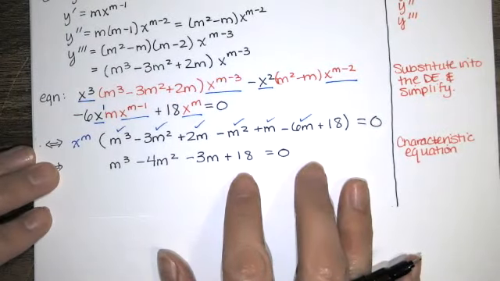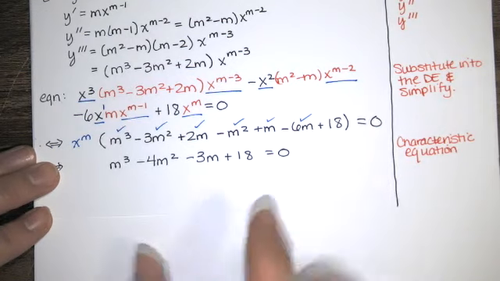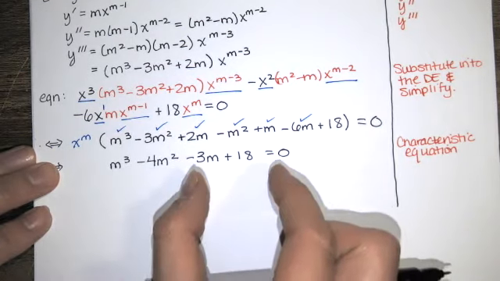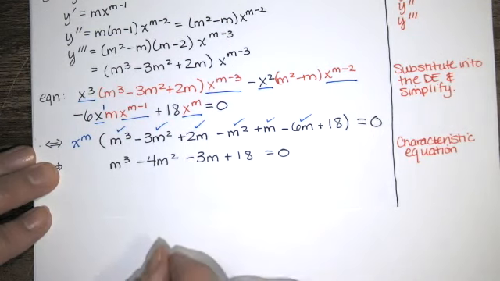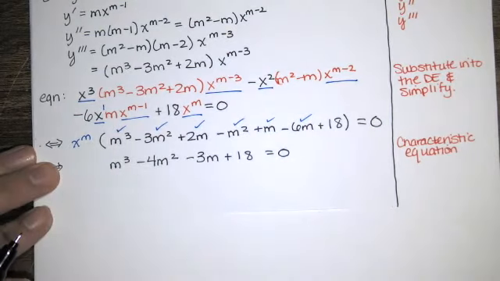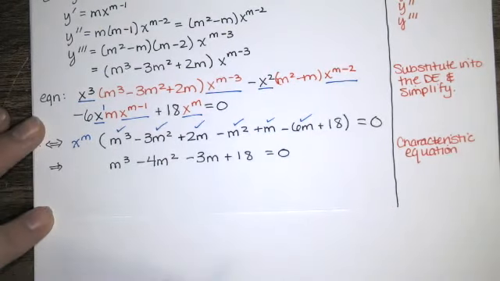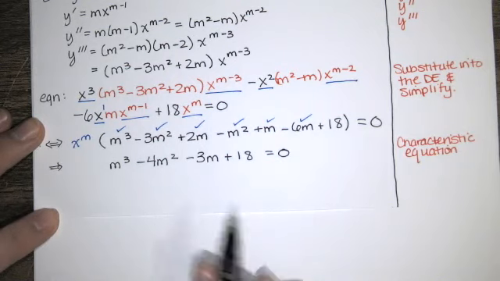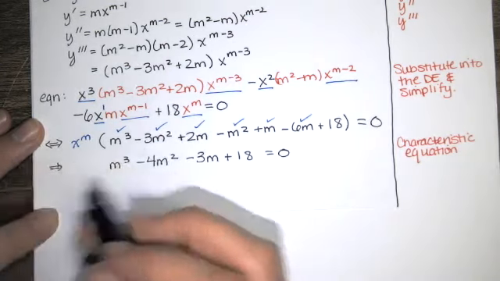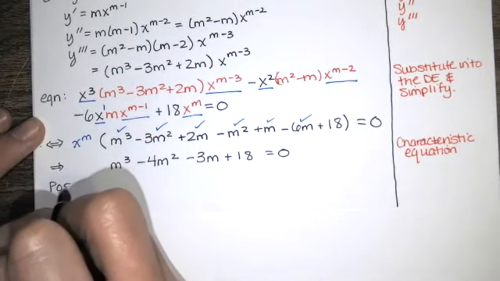Now from here, you want to come up with some way of factoring this. Now this one doesn't look like it factors by grouping. If I group these two together and I factor something out, I'm not going to get the same thing if I group these two and factor something out. And there's no way I could just regroup so that I would have a common factor. So at this point, if it doesn't look like it easily factors and it doesn't factor by grouping, I would start the process of finding factors by listing the possible rational roots of this polynomial equation.